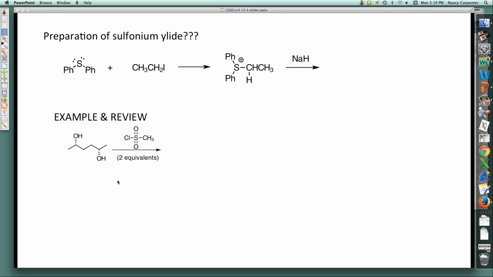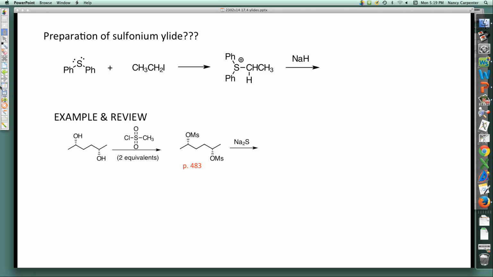Basically, taking a diol, reacting it with this, gives you the mesylate. You should be able to predict that product, again, by looking at the fact this is a good leaving group, electrophile, nucleophile. I'm going to kick out that chlorine and get the dimesylate because I've got two equivalents.